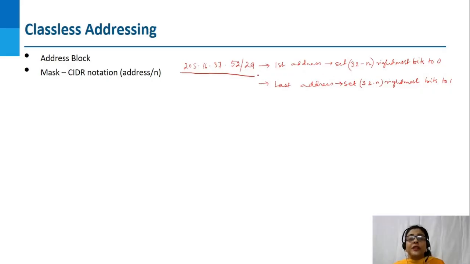Which rightmost bits? 32 minus n, so in this case 32 minus 29. These rightmost bits will be set to 0 to get the first address. Similarly, to get the last address, you set the 32 minus n rightmost bits to 1.